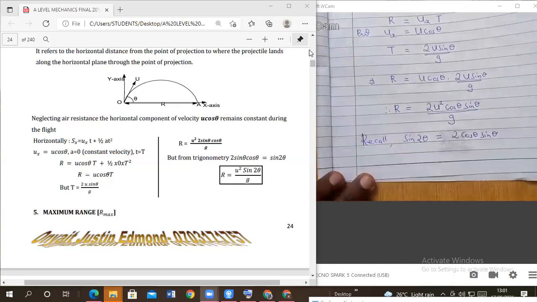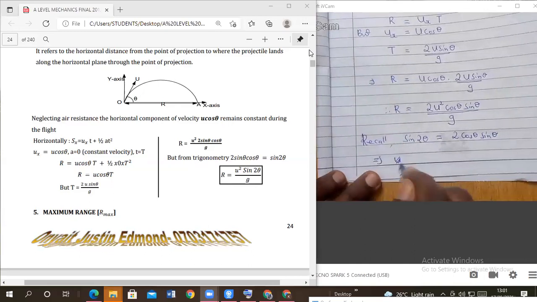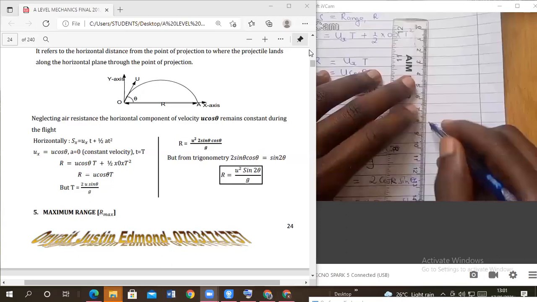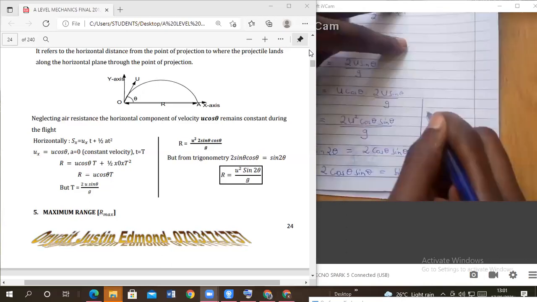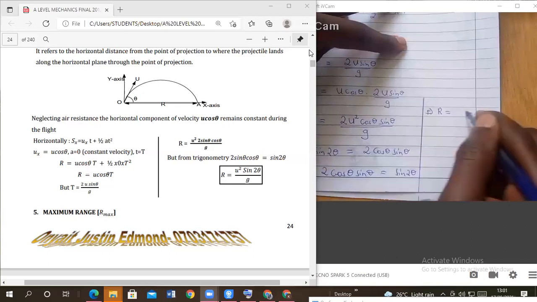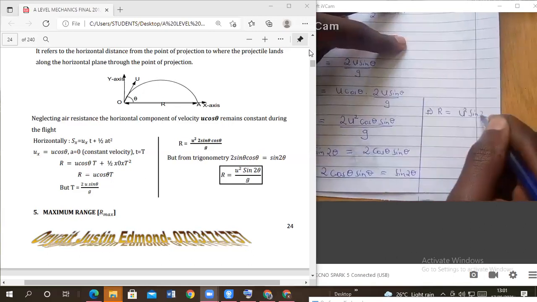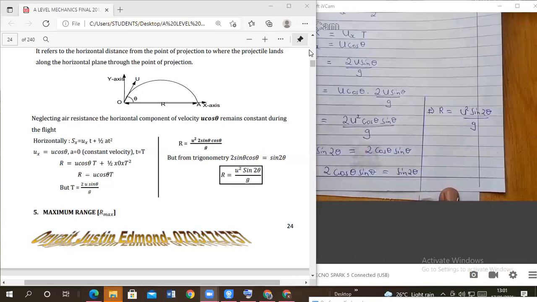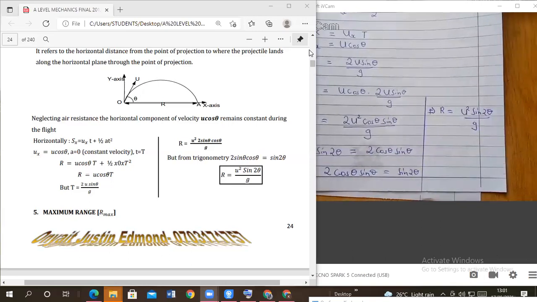So 2 cos theta sin theta must be equal to sin 2 theta. If that is true, our R will be equal to U squared sin 2 theta over G. Members, have you seen that?